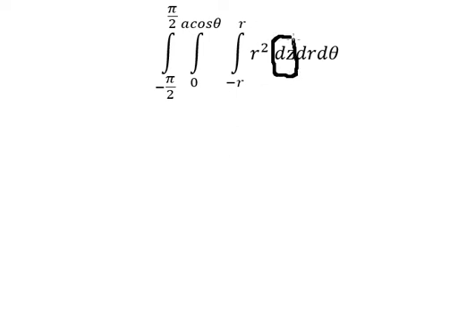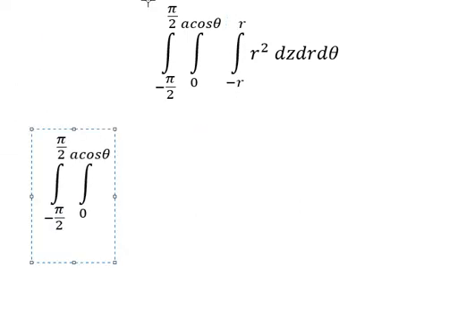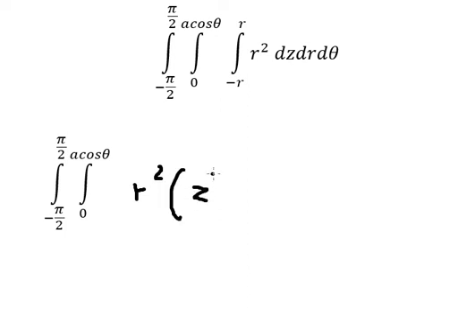We have dz. In here we don't have z. So the integration of dz, you get z. And we put the bounds from negative r to positive r.